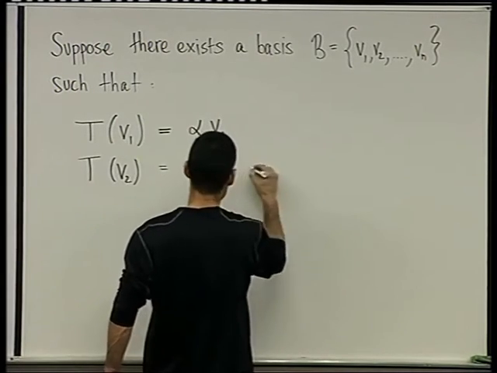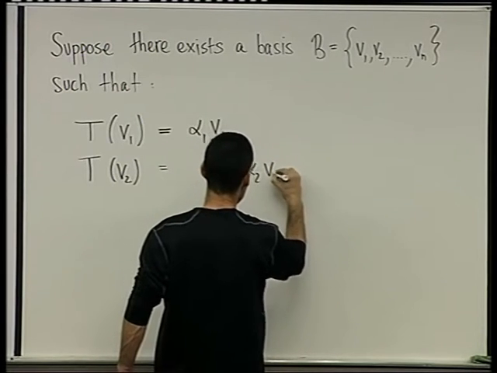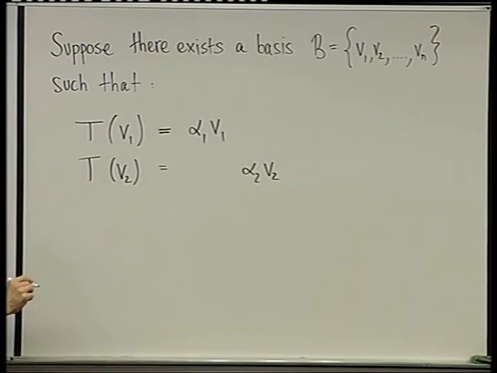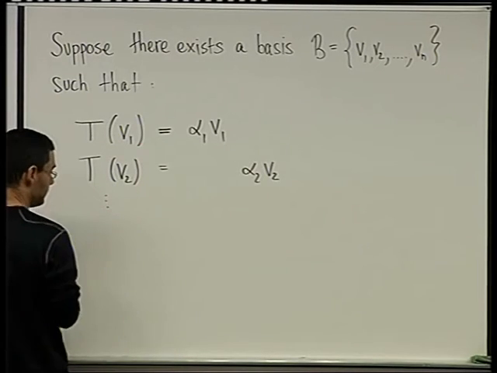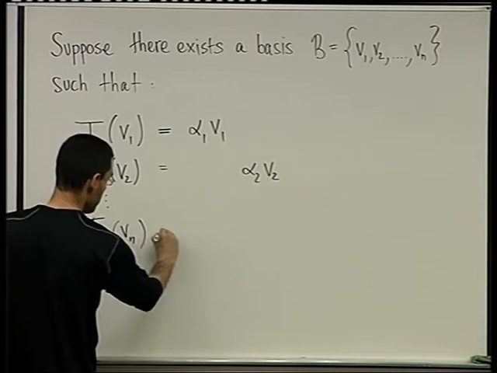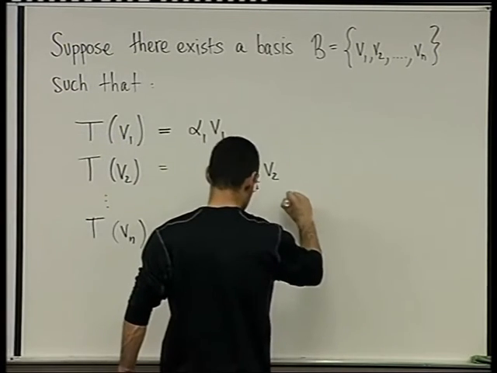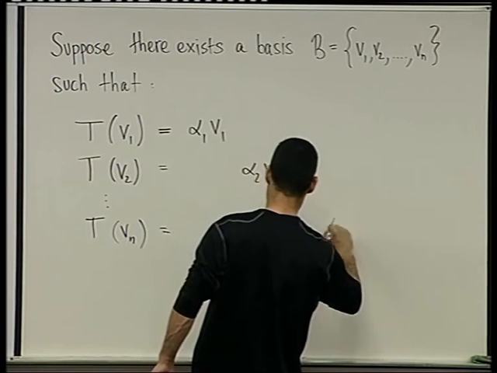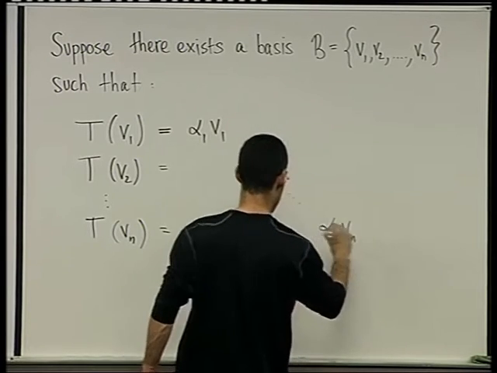So T of V2 is alpha 2 V2. And I'm writing it here for a reason. T of Vn equals alpha n Vn.